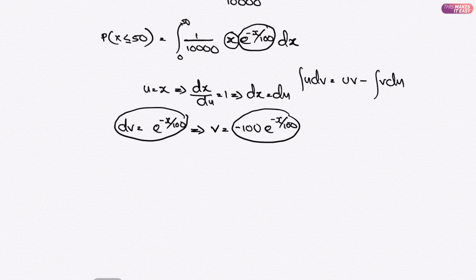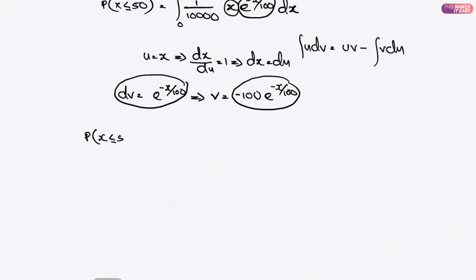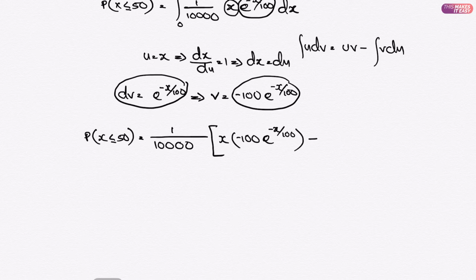Substituting these values into the equation, we can finally write the probability of x less than 50 is equal to, I'm taking this constant outside, u is basically x, v is basically minus 100 e to the power minus x divided by 100, then minus the integral of v du, which is basically equal to dx.